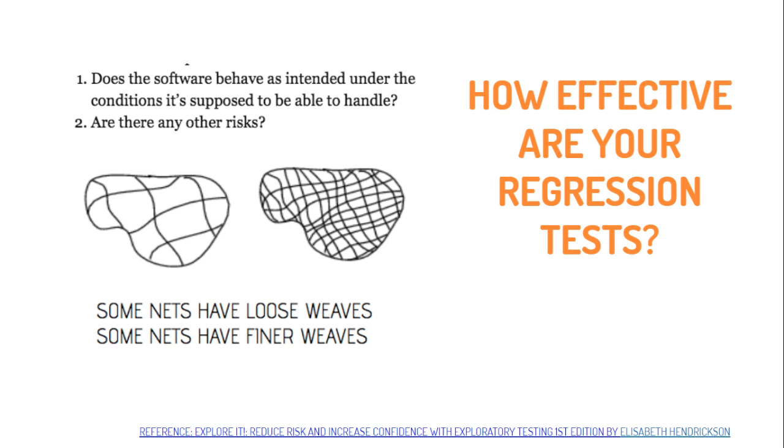So before we talk about how effective your regression tests are, I want to talk about the concept called scripted testing. Many of you might already know about scripted testing, but I want to quickly explain what it is. Scripted testing is the traditional way of testing, wherein you write test cases in advance.